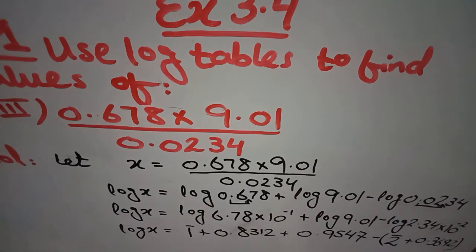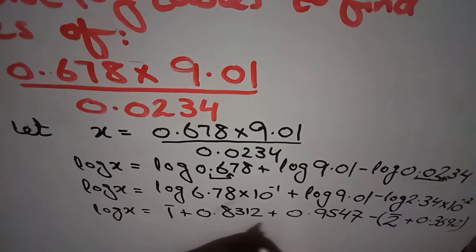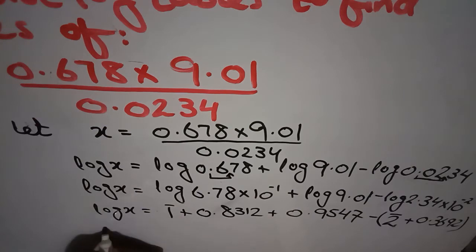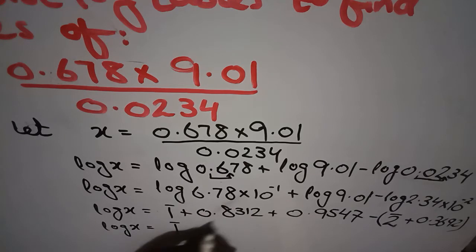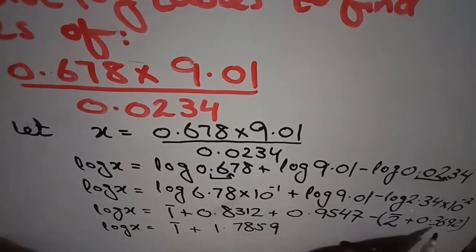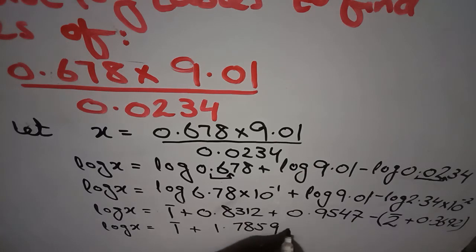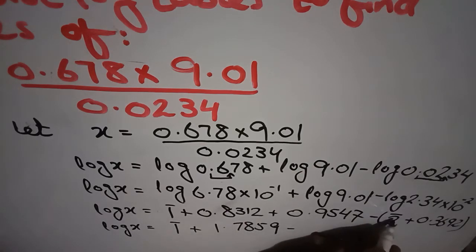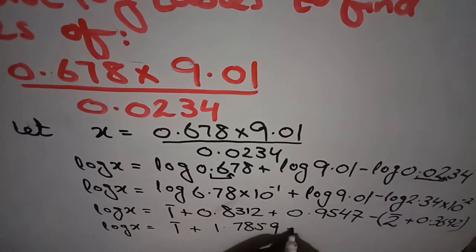Now I will simplify it. By adding these values, it will remain log x is equal to -1 plus 1.7859. Multiplying this minus with both of these values, you will get -2, which becomes positive after multiplying.